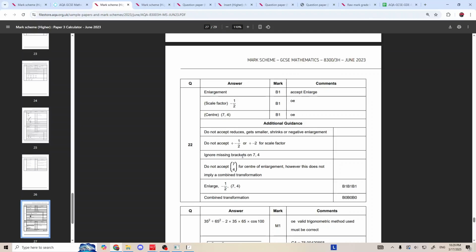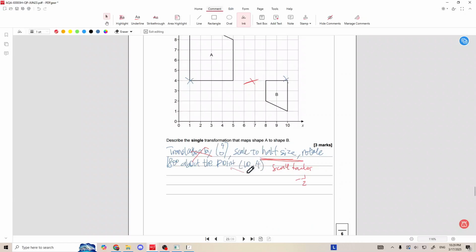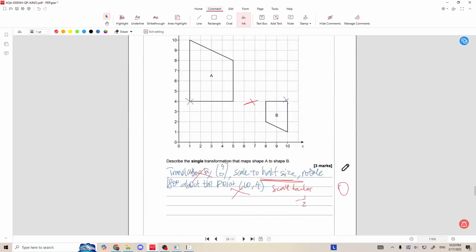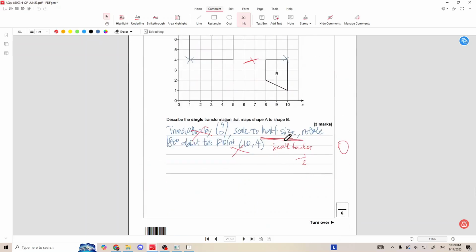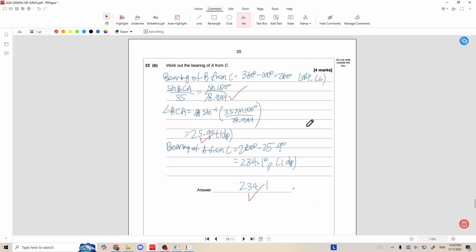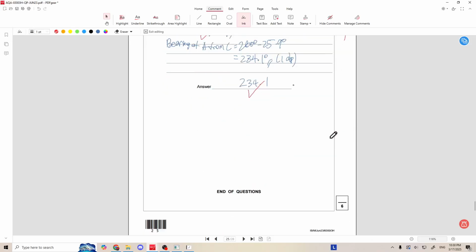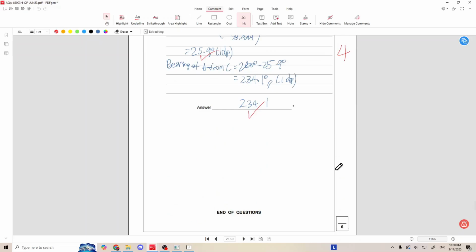It's a very strange question, and I got 0. I had no idea. I nearly got 1 mark: I put scale to half size when I should have written scale factor -half. Well, -3. Too bad. Yeah, this is alright. 4. And 6 out of 6.